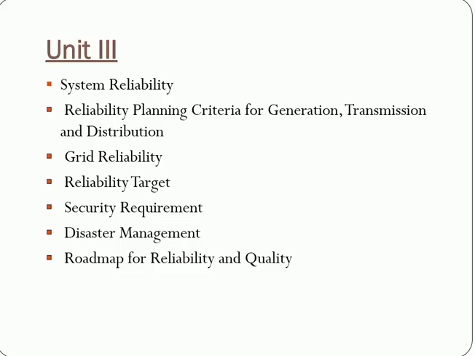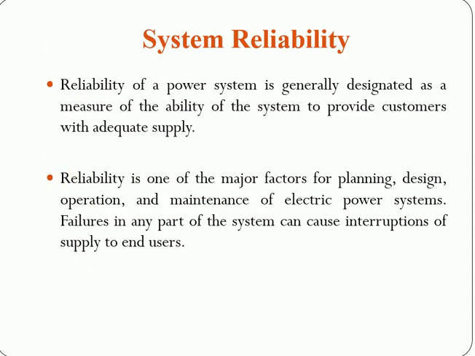We have discussed the definition of power system reliability, planning criteria for generation, transmission and distribution, and grid reliability. Today we will discuss the reliability target. We will take a quick review: power system reliability is one of the major factors of planning, designing, operation and maintenance of electric power systems.